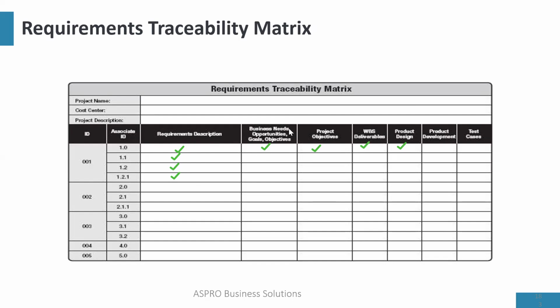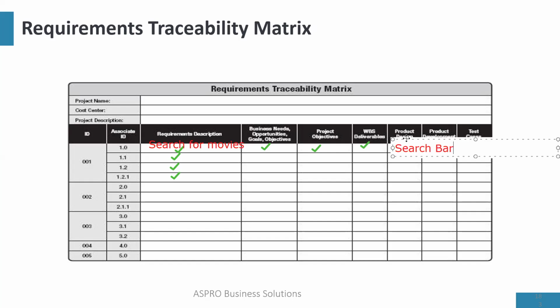So let me give an example of product design. Requirement: let's say on a website, I want to search for movies, right? Now, when it comes to design, I'm going to design a search bar.